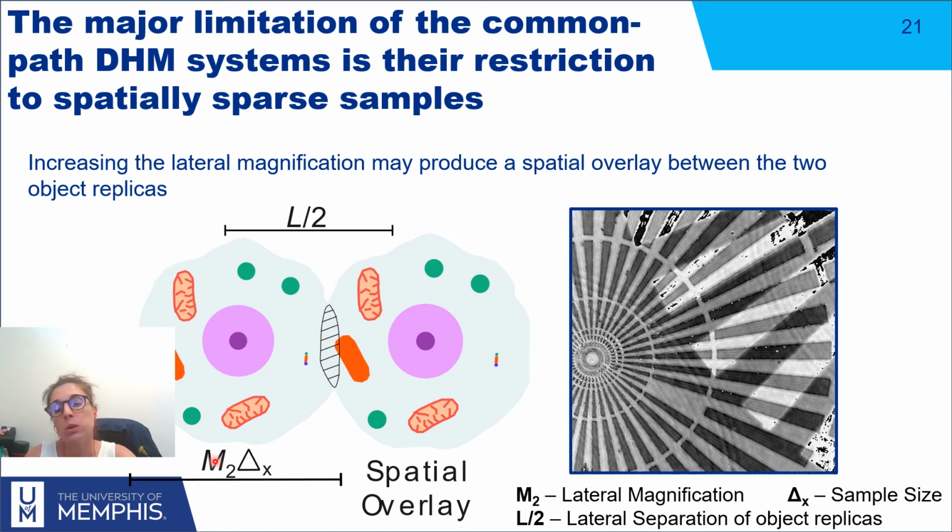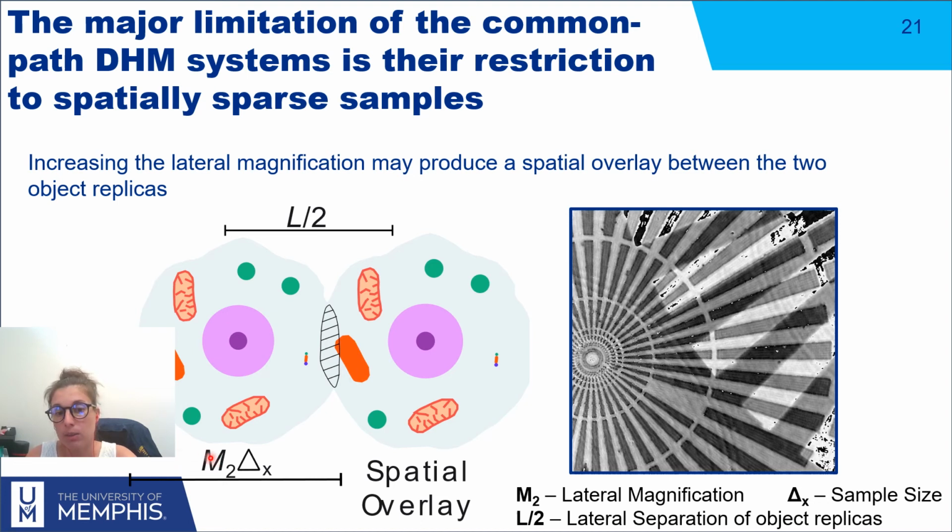You want to increase the magnification, because usually increasing the magnification means having an objective lens with higher numerical aperture, if you don't want to change your tube lens. Thinking about adding an external module to your DHM system, you don't change the tube lens. The only thing that you have access to is changing your objective lens.